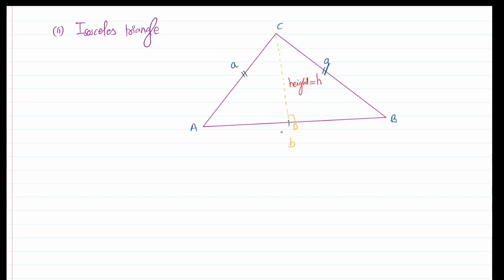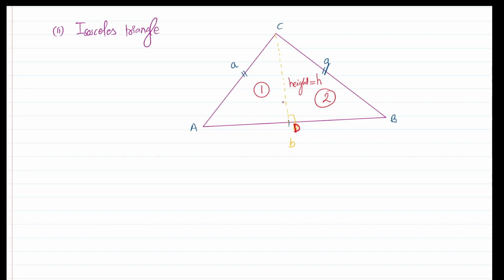Let us say the height is S, and this triangle is divided into two right angle triangles, 1 and 2. This is D, right? ADC and BDC are two right angle triangles.